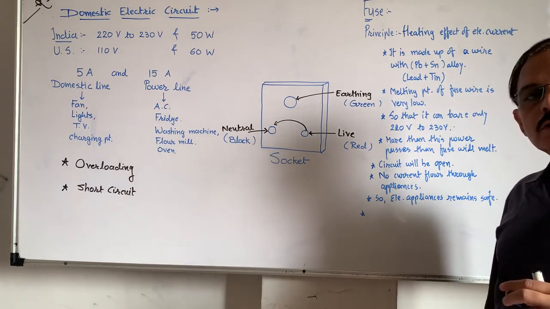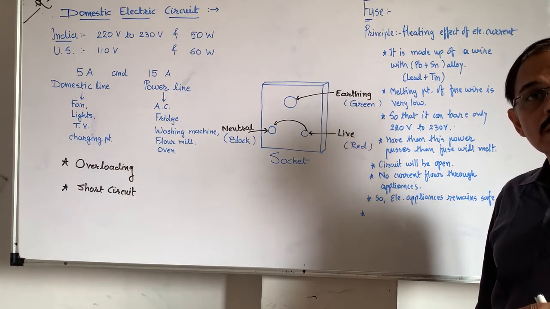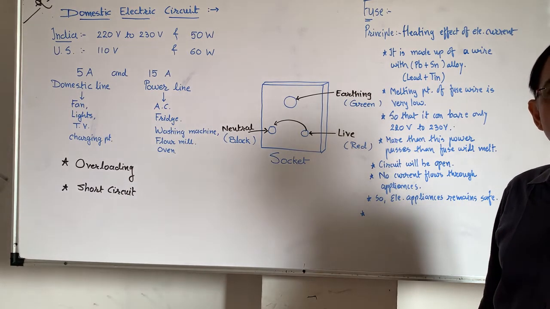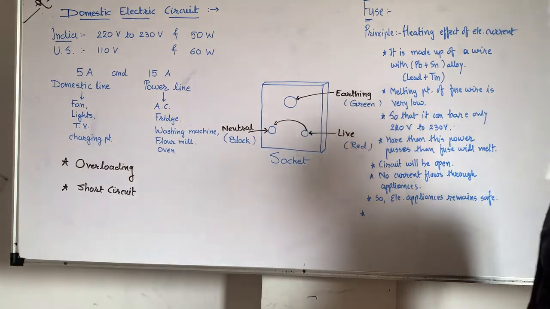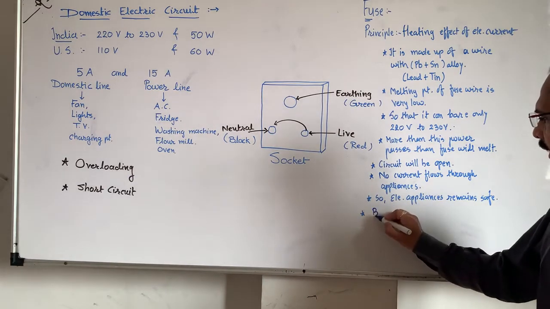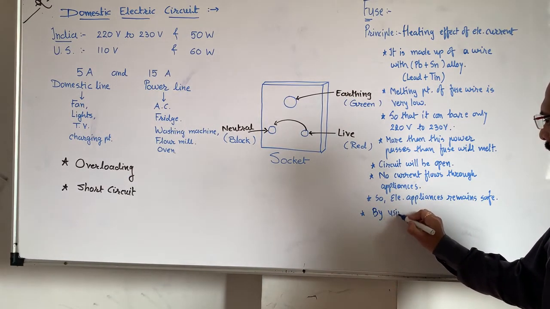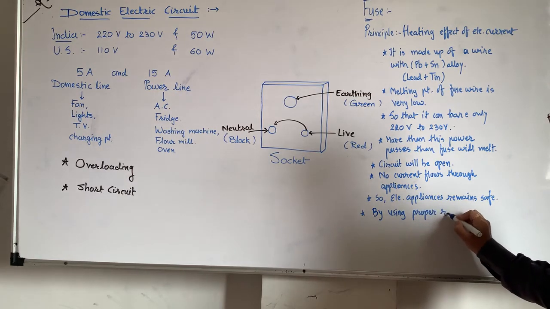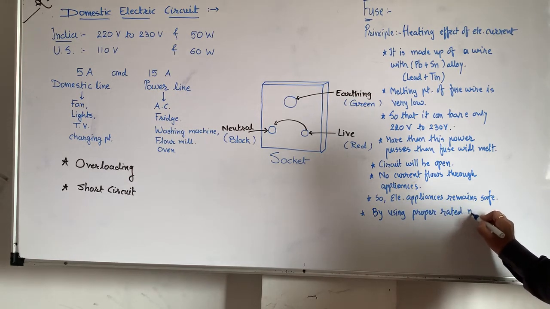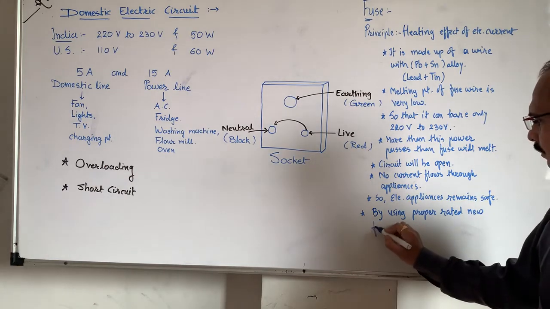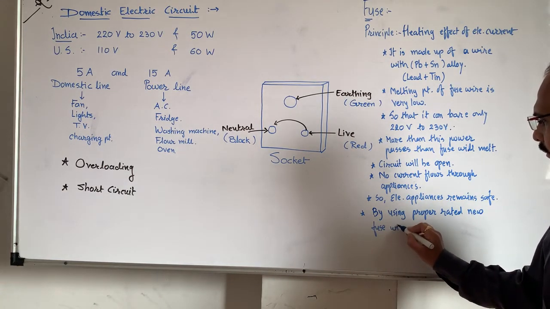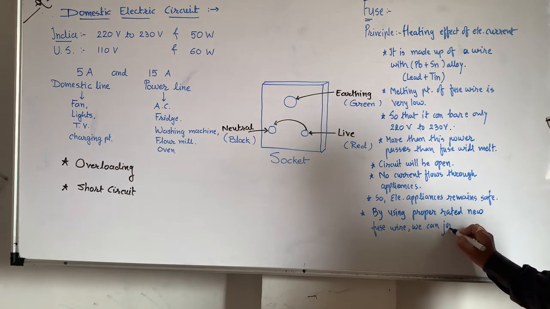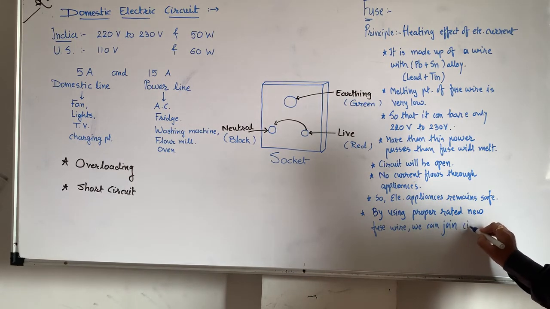You can use a new fuse wire of proper rating so that once again you can establish the circuit or current by using a properly rated new fuse wire. We can join or establish the circuit.